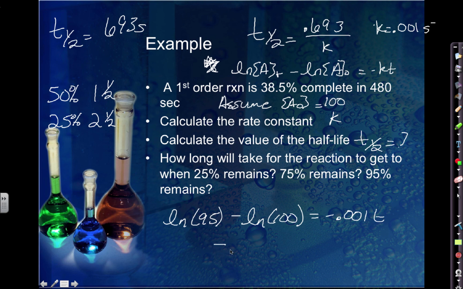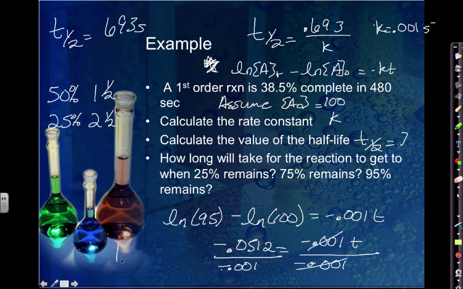So if I plug this in, I'm going to get negative 0.0512. Divide both sides by that. And then T would be 51.4 seconds here.